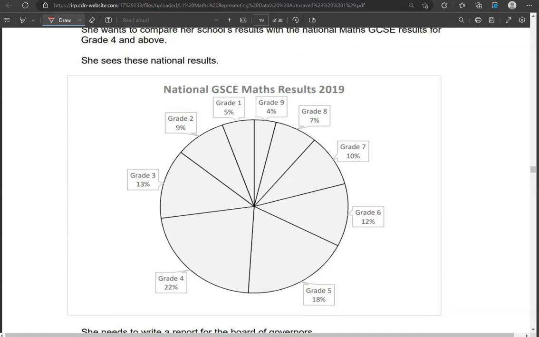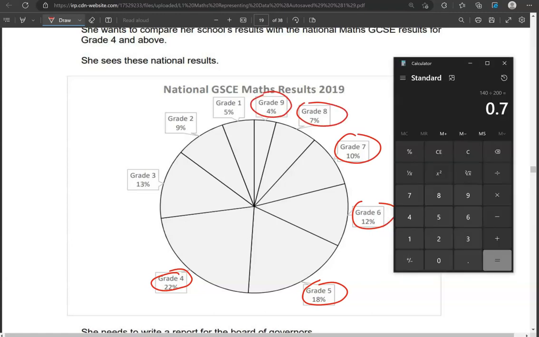So what is the national average? We've got that here in the pie chart. So we're interested in grade 4, 5, 6, 7, 8 and 9. So we'll add the respective percentages for all of them.